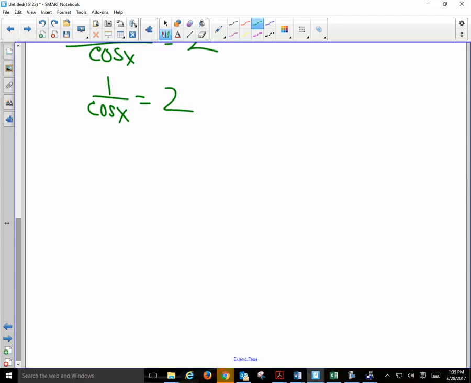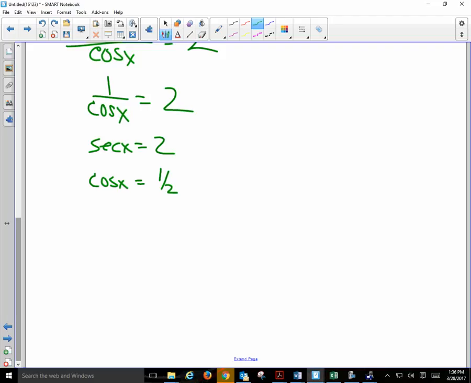1 over cosine is 2. So now what? Secant of x is 2, or cosine of x is 1/2, however you want to write it. Most people saw that during first and third hour, so that's what I went with. It's the same thing. You could take the reciprocal of both sides, which is what I did.